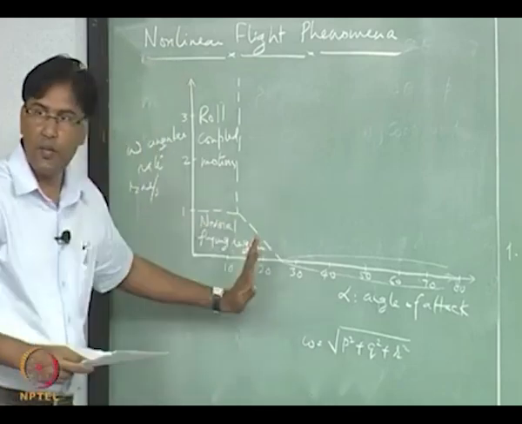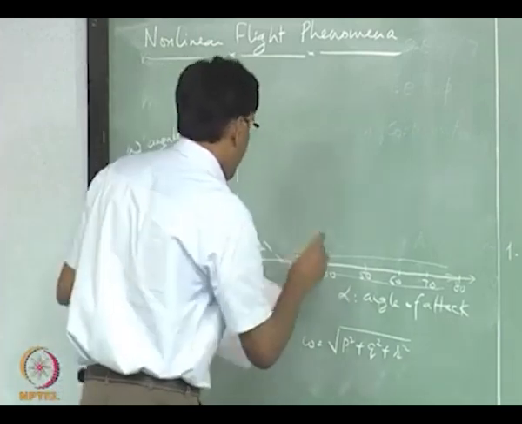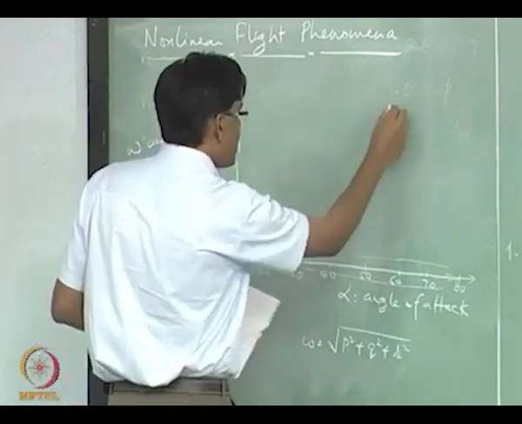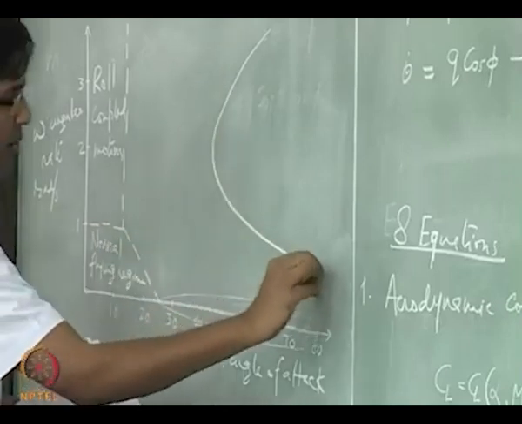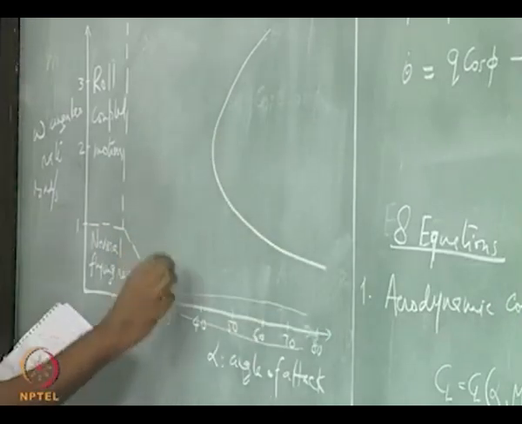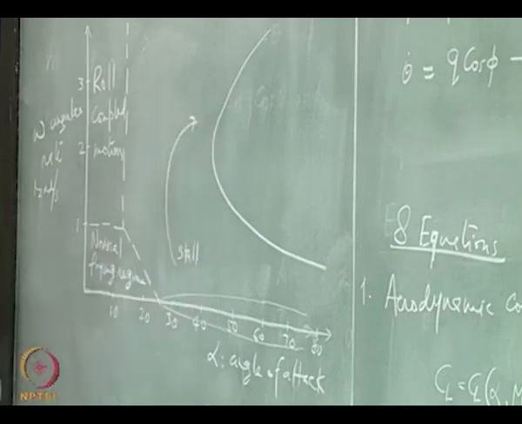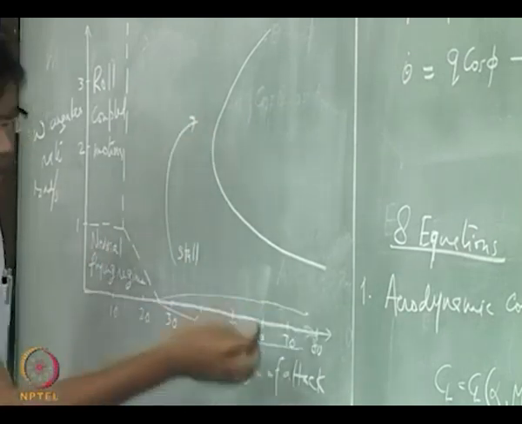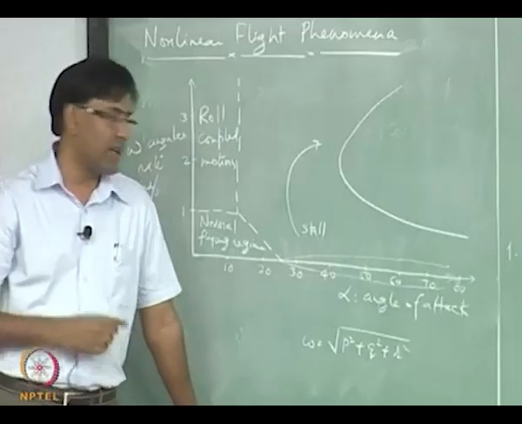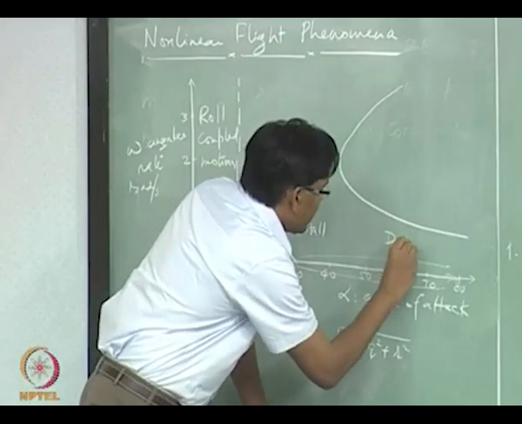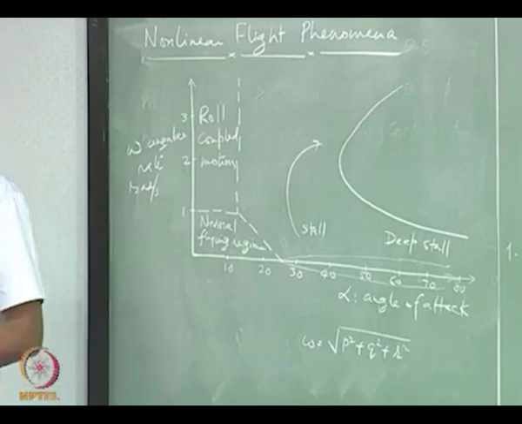Then you have stall, right, beyond this point you have stall. At higher alpha, really high alpha, going beyond around 60 or 70 degrees, you go into what is known as deep stall regime.